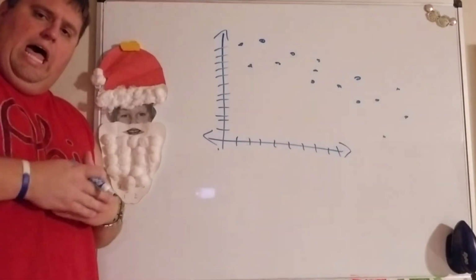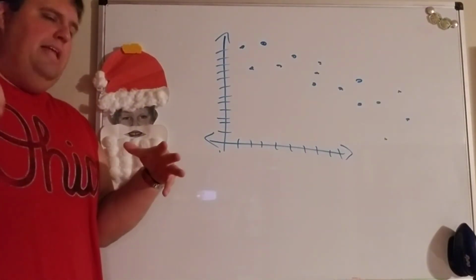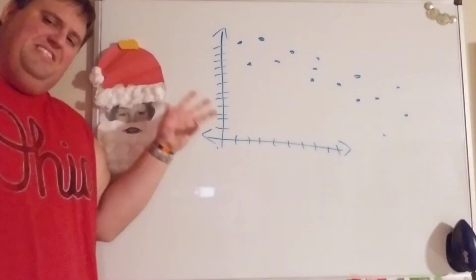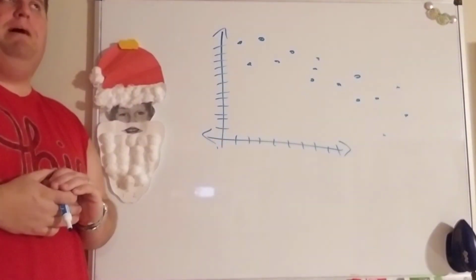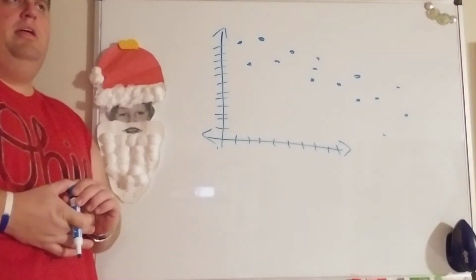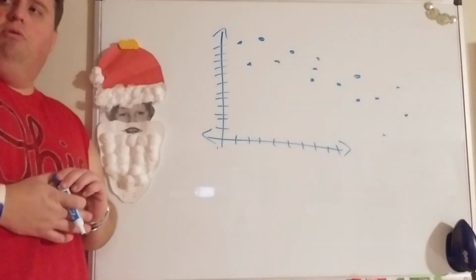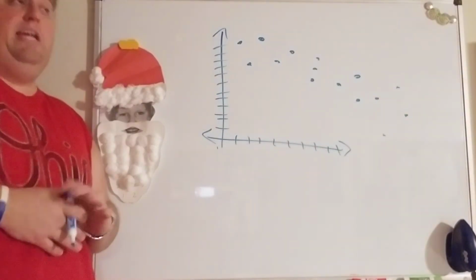But a trend line is like a line that I think can best represent what's happening with my data. And so we might call it a line of best fit. Now we're going to truly talk about what the best fit is tomorrow.